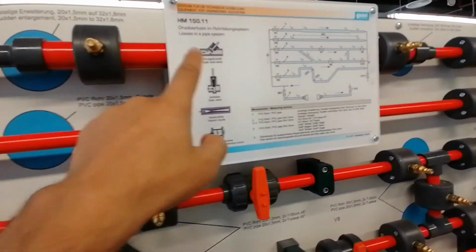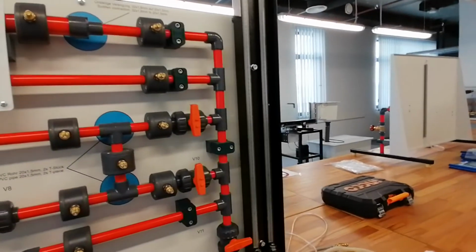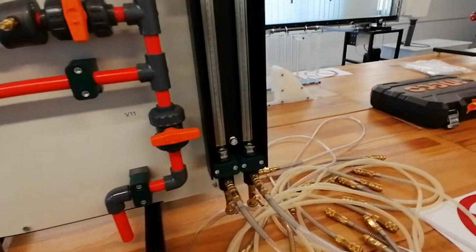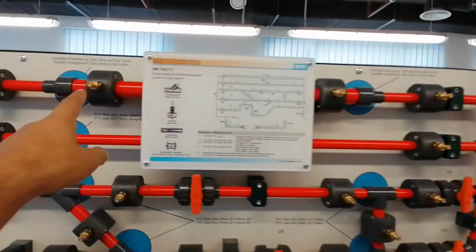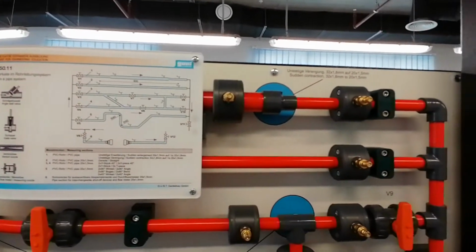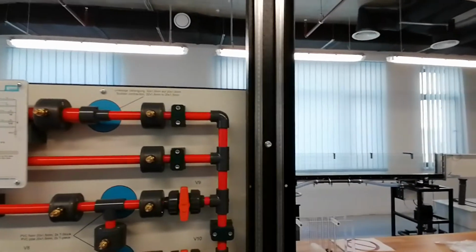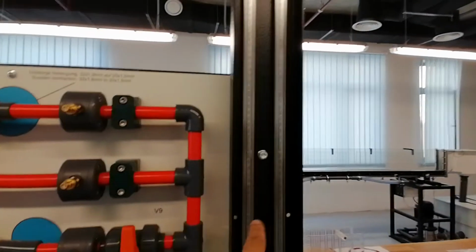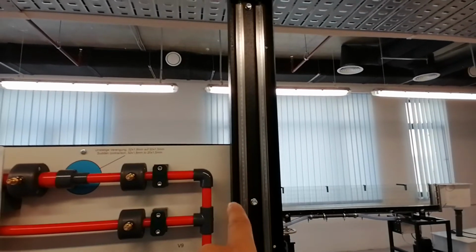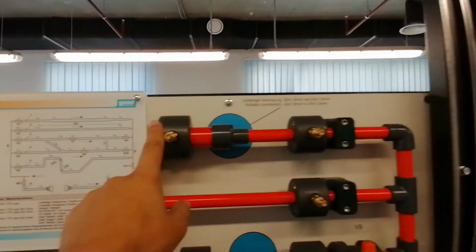As you see, there are two connections here, and by using our piezometer pipes, we can measure the pressure at these two parts by connecting those pipes. And then we can observe from the piezometers some pressure values of these parts.